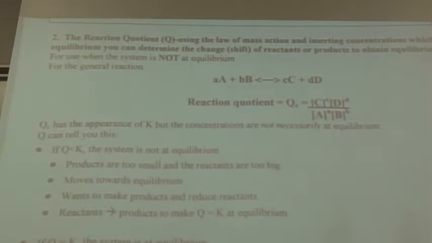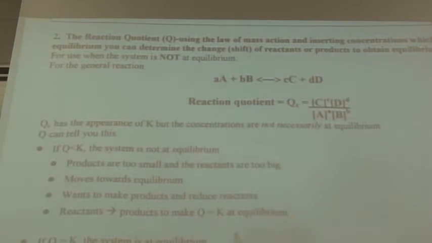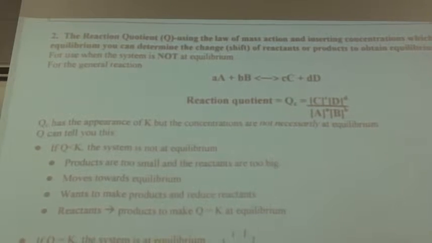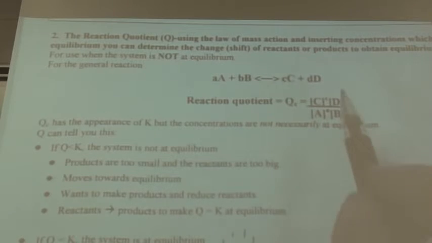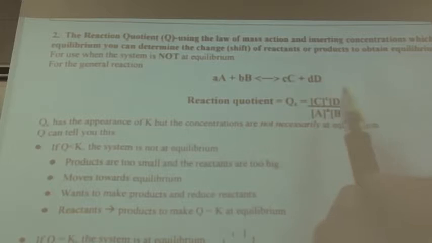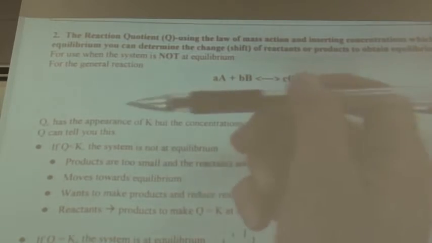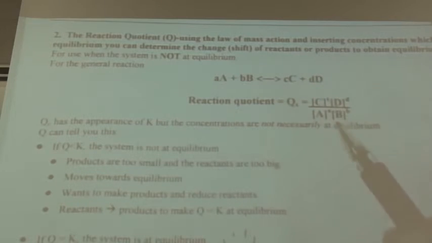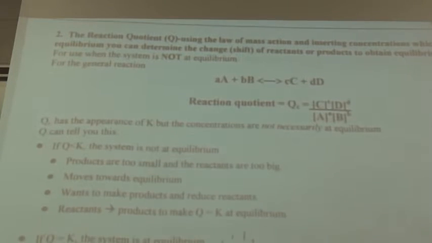If Q equals K, you're at equilibrium. If Q is larger than K, that means this is too big and this is too small. And in order to get to equilibrium, it will make more of this, which will make less of this, making the value of Q closer to K's numerical value.